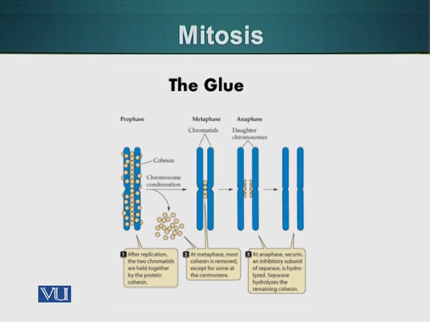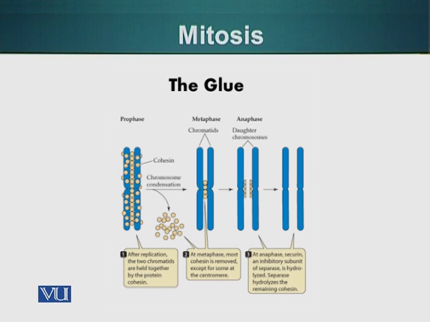As I mentioned earlier, there is a glue; this molecule is called cohesin. During prophase, the cohesin is holding both the chromatids together all along their length. At metaphase, all the cohesin has been degraded except what is left at the centromere or the kinetochore region.